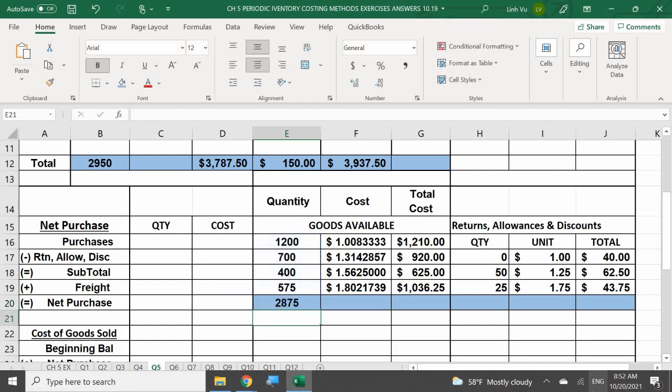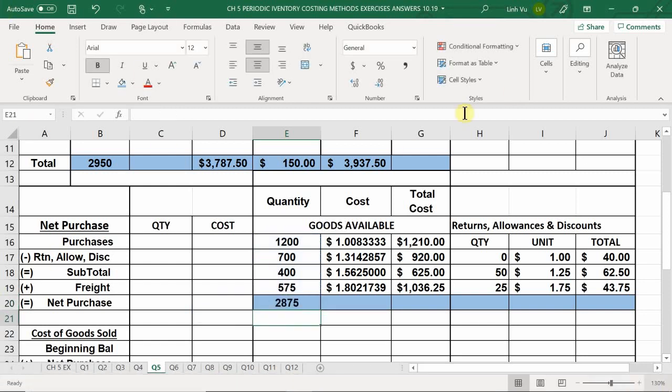$2,875. 2,875. And what's my total cost of my goods available? $3,791.25.